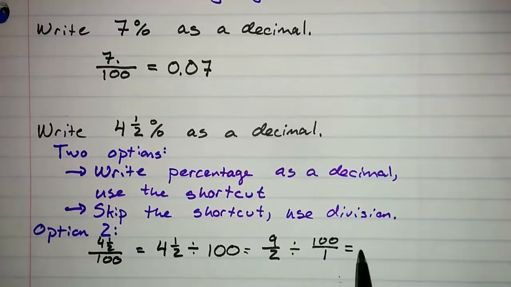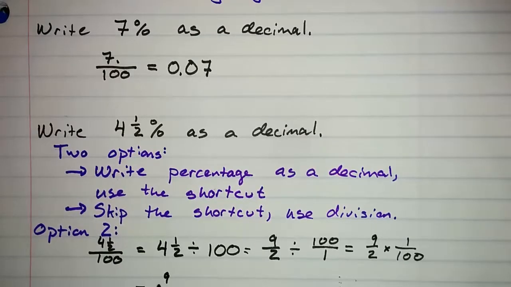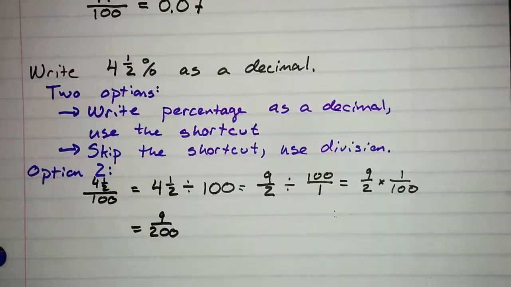So that's 9 halves times 1/100th. So that's 9 over 200. I want to give that as a decimal. So I'm just going to do this by division.